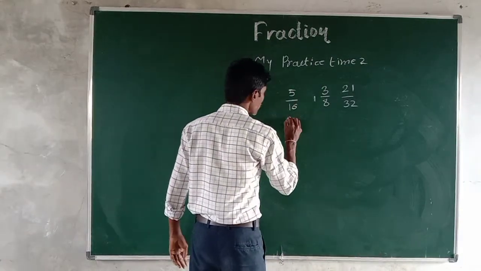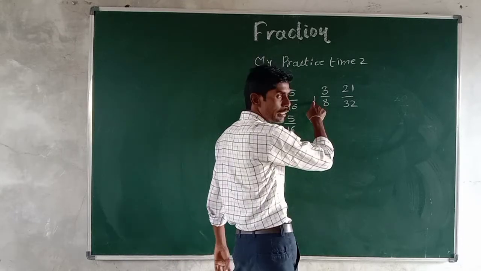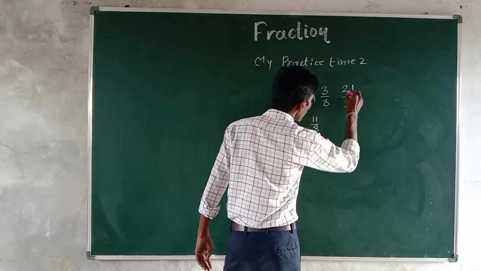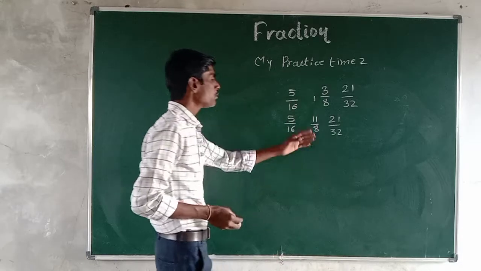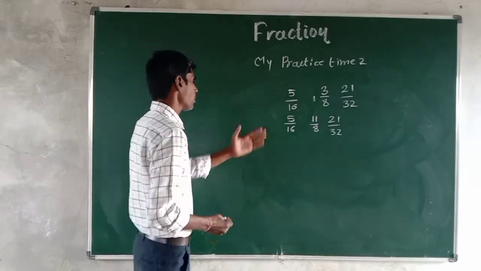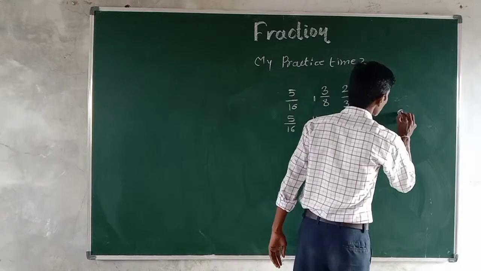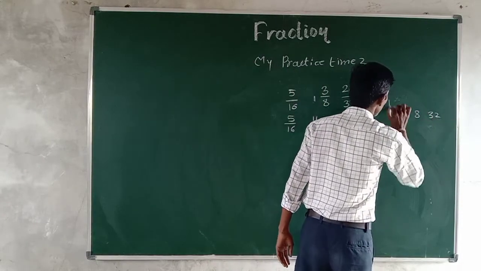So 5 upon 16, then 8 ones are 8 plus 3, that is 11 upon 8, and 21 upon 32. Now we have to find the LCM of 16, 8 and 32.